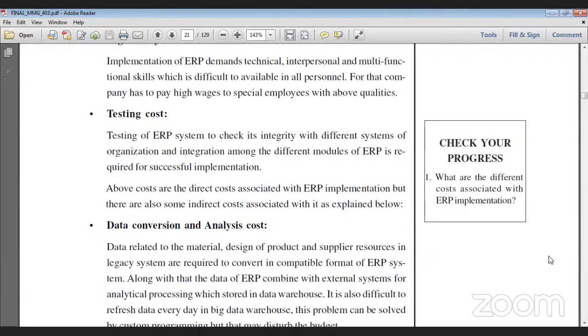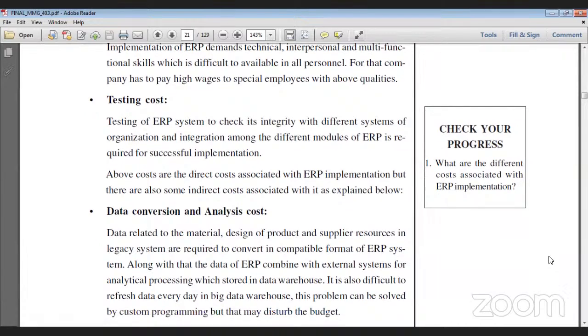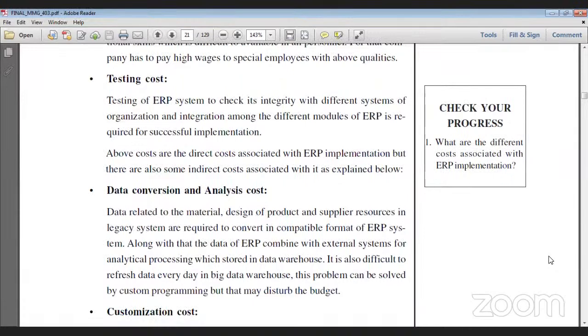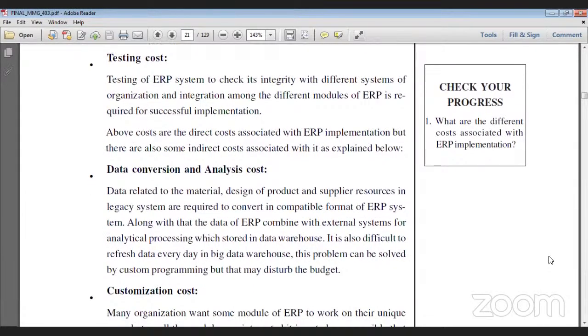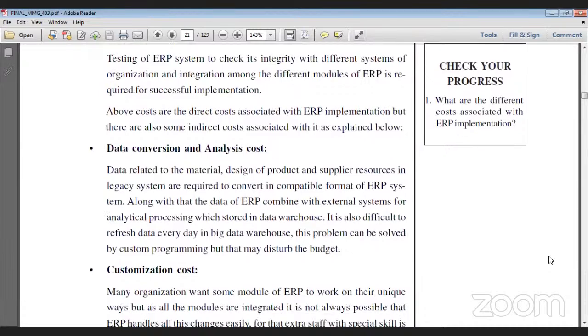Along with that, ERP data combines with external systems for analytical processing, which is stored in a data warehouse. It is also difficult to refresh the data every day in a big data warehouse. This problem can be solved by custom programming, but that may disturb the budget.